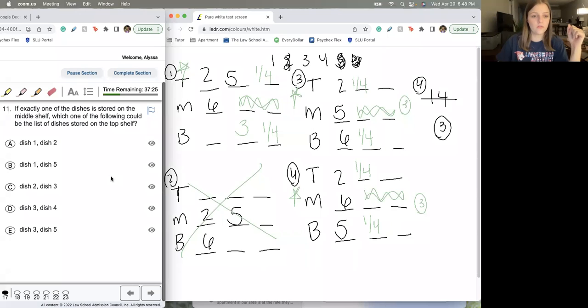Where am I seeing a wrong answer? Let's go down to D. So looking at D, I could have 3 and 4 on that top shelf. I can make that happen here and here.